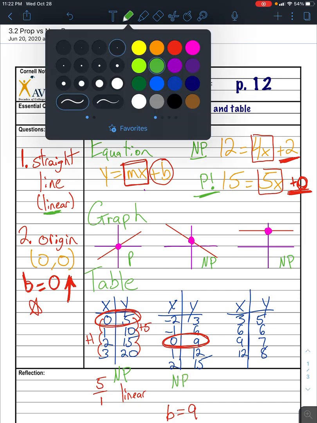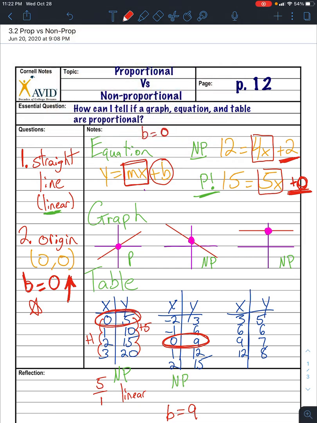Just to double check, I wanted to see what my constant rate of change is to see if it was linear. Every time we're increasing by 3, every time we're increasing by 1. So this would be linear, but it is not proportional because it is a straight line, but does not go through the origin. And if you remember from yesterday's lesson, we have to continue our table up here. My next one would be 0.